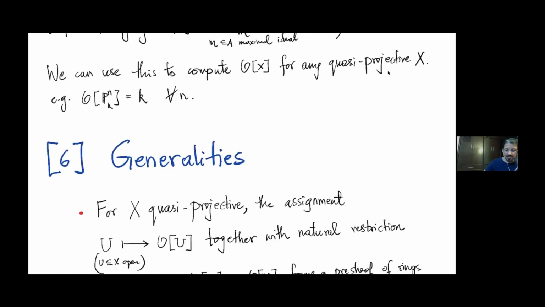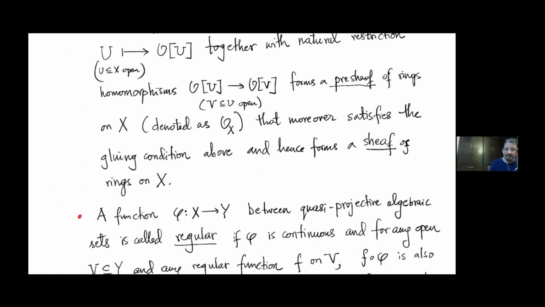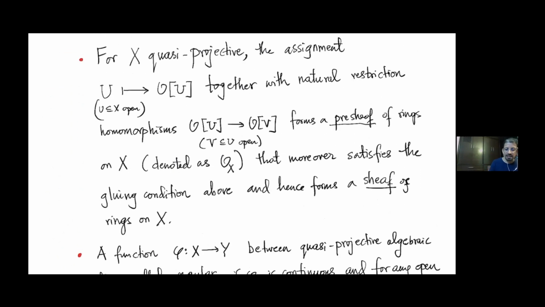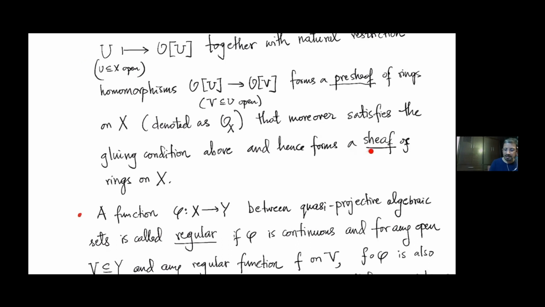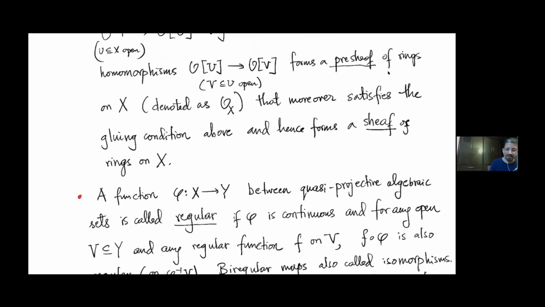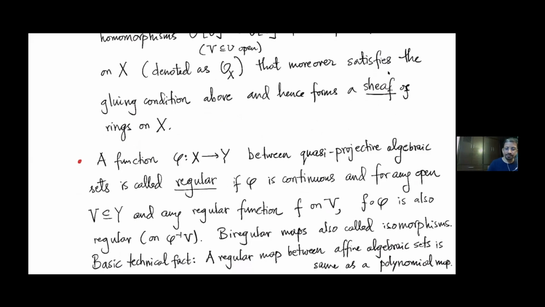This is called the sheaf property, and the assignment U goes to O(U) has this additional property. It's in the very local nature of the definition of regular functions that giving a global regular function on X is the same as giving them locally, which glue together and agree on overlaps. That is called the sheaf property, and I'm not technically defining it, but I have more or less said what it is. A presheaf which has this additional gluing condition is called a sheaf of rings on X. So O_X is a sheaf of rings on X.